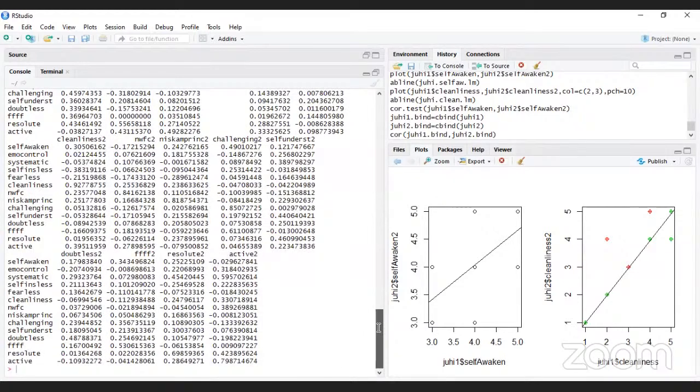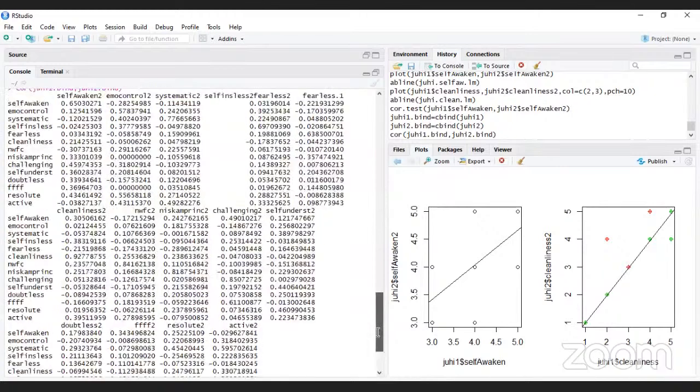So you will get the total correlation. Now we can find out self-awakening 1 and self-awakening 2, 0.65. Emotional control is 0.58. Systematic is 0.77. Like that, you will find the correlation statistics.